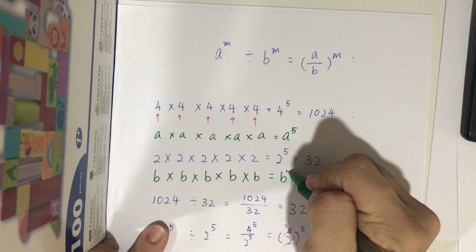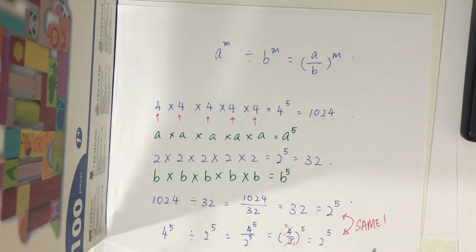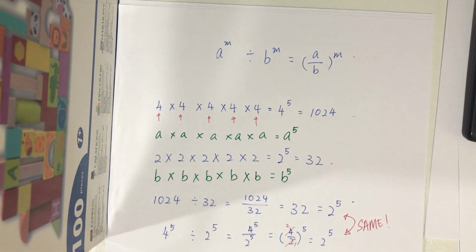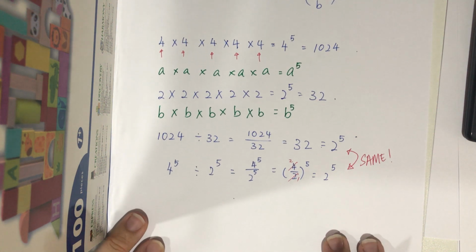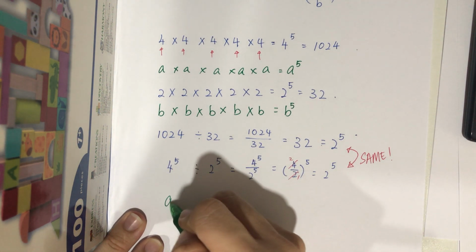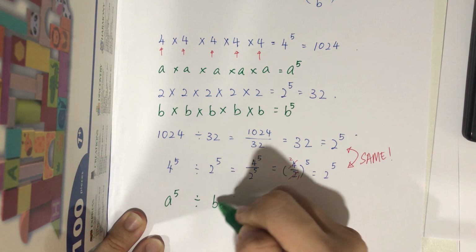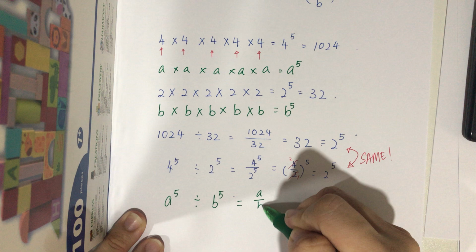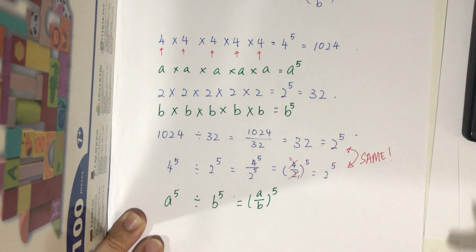So B to the power of 5. So in this case, A to the power of 5 divided by B to the power of 5 equals A over B to the power of 5.